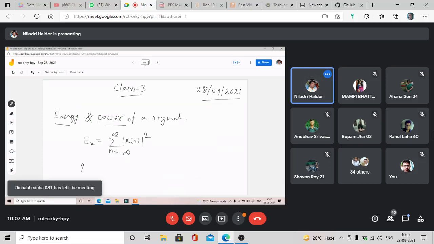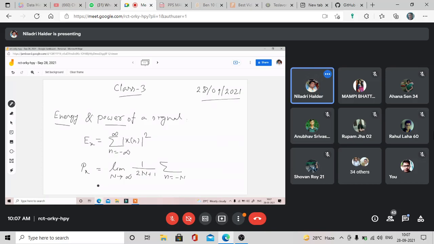And power of the same signal can be calculated by using limit N tends to infinity 1 by 2N plus 1 summation of n equal to minus capital N to capital N mod of xn square. So simply these are the two formulas all of you know already.